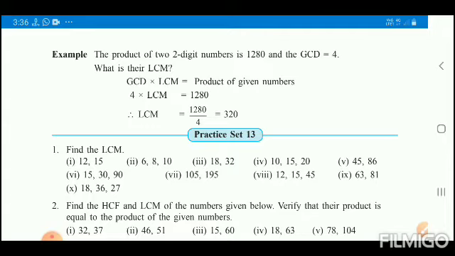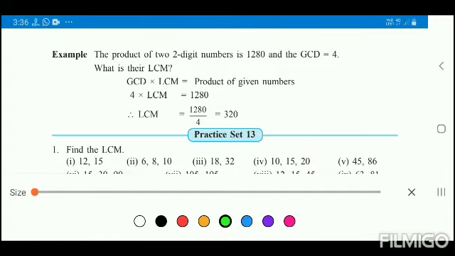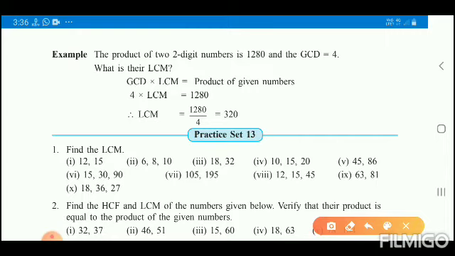Now we'll see the example given in your book. The product of two numbers is 1280 and the GCD is 4. What is their LCM? So, we know the rule: GCD multiplied by LCM, or you can write HCF also in place of GCD, is equal to the product of the given numbers. Now they have given the product of the given numbers as 1280 and the GCD is 4. So here 4 into LCM is equal to 1280.